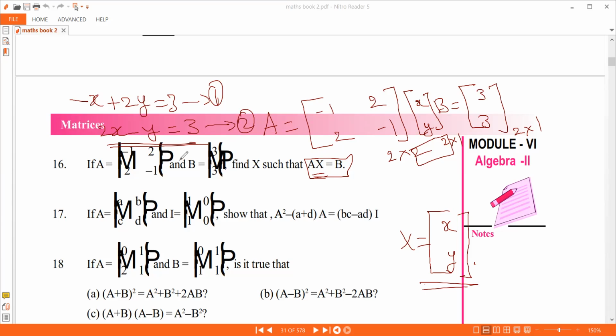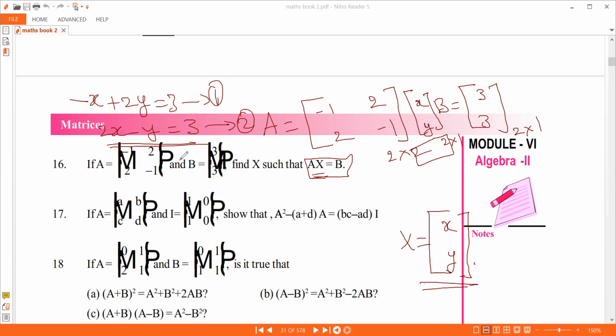So x is equal to 9 by 3, which is 3. So x is 3, and y is also 3. Correct. X is 3 and y is 3, that will satisfy the equation. Good.